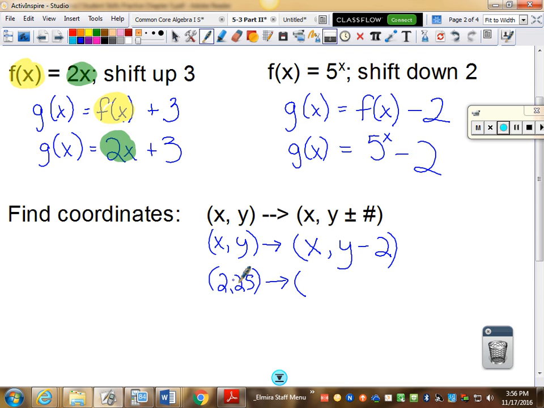An x value of 2 stays an x value of 2. The y value is 25 minus 2. So if I evaluate that, 2 stays, 25 take away 2 is 23. All this is a way of determining the coordinates from one point to the next without looking them up on your calculator.